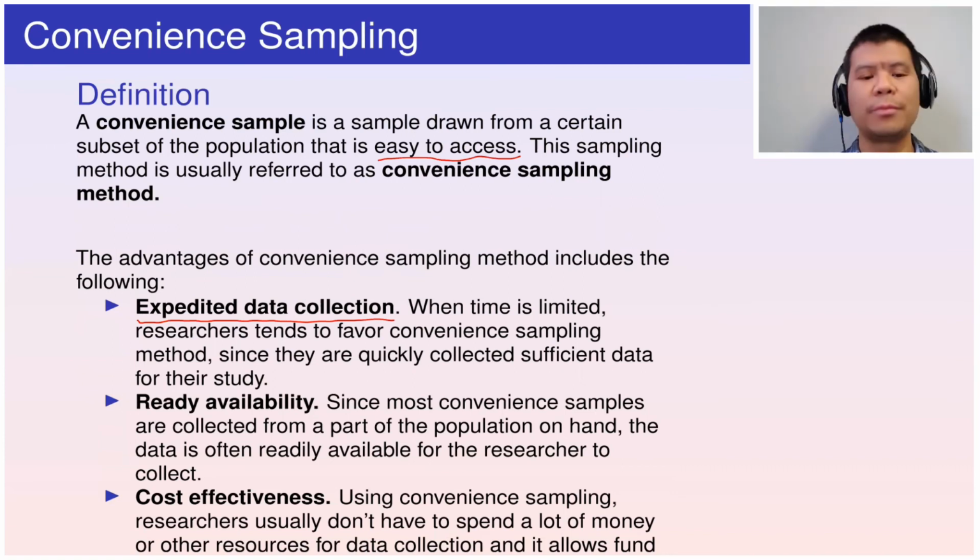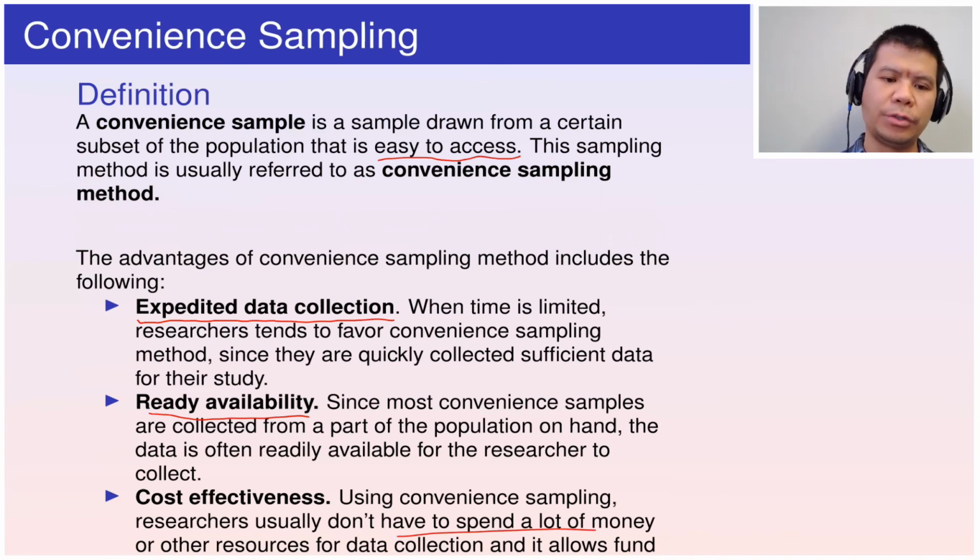Also, ready availability: the data is often readily available from the street for the researcher to collect. And it's cost effective in many cases because it's easy, so you don't have to spend much.